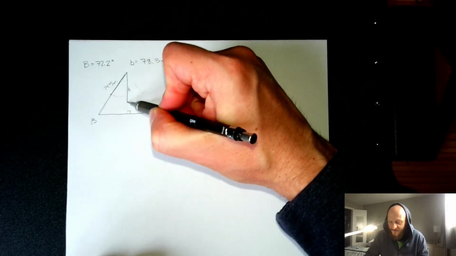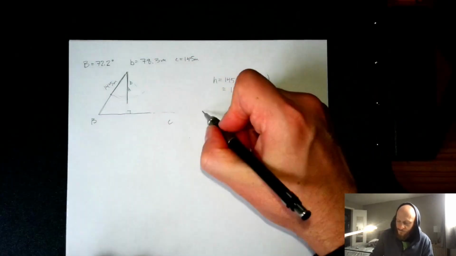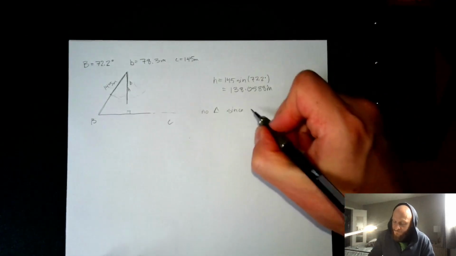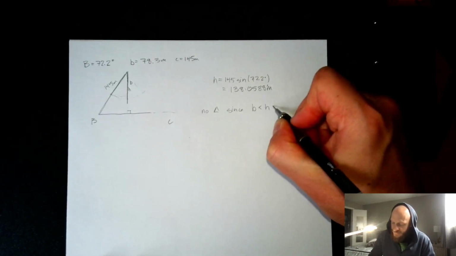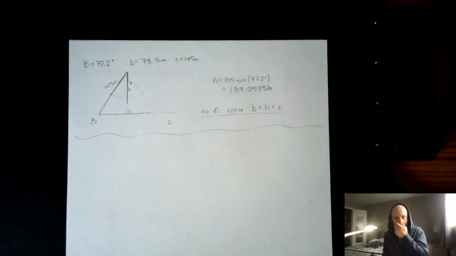So relative to H, side B is kind of like this. No triangle, since side B is less than H and H is less than C. That's the justification. It's not possible.